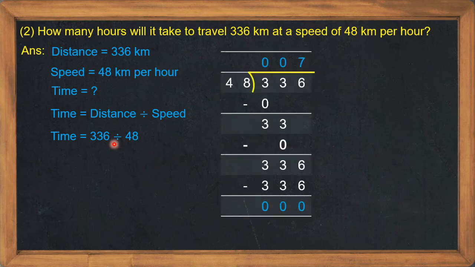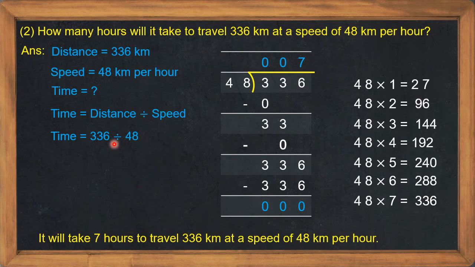So here we get 7 as the quotient and 0 as the remainder. Therefore, it will take 7 hours to travel 336 kilometers at a speed of 48 kilometers per hour.